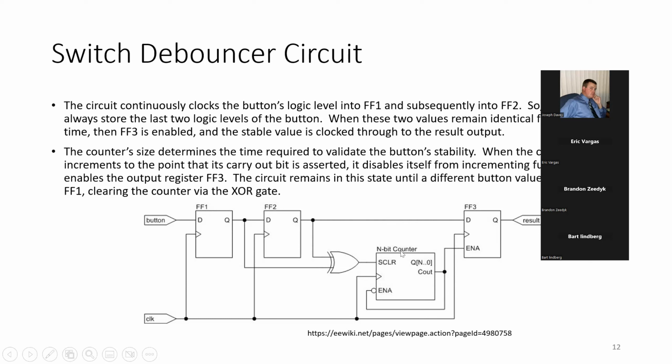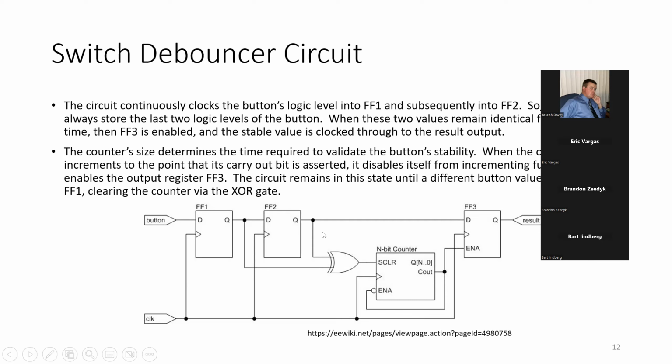Now, how do I select the terminal count of my counter, or how many bits do I need? If I use 1 bit, I will count just 1 clock cycle, 0, 1, done. If I have 2, I will have 4 clock cycles. If I have 3, I can increase, but what is the limit?